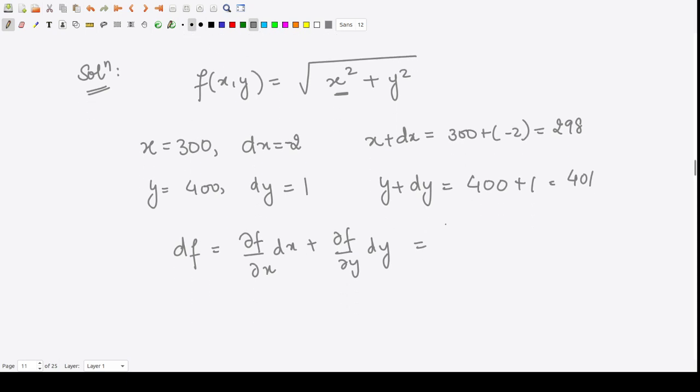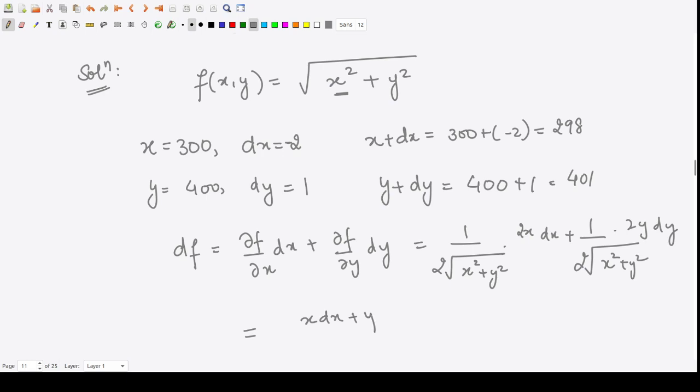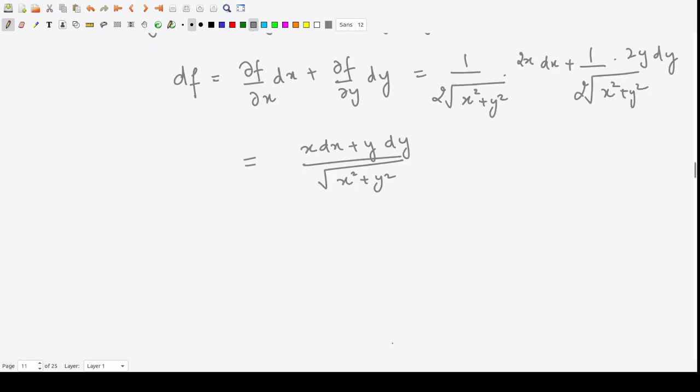That would be 1 divided by 2 square root of x square plus y square into 2x dx, plus 1 divided by 2 square root of x square plus y square into 2y dy. When we simplify, the 2 and 2 cancel, so you have x dx plus y dy divided by square root of x square plus y square. So now this is what you have.